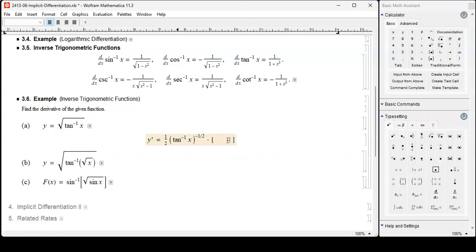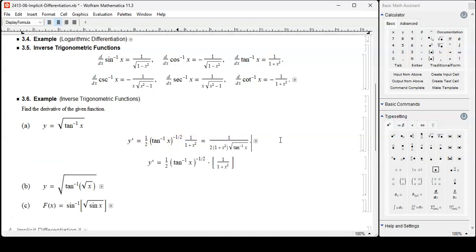Alright, and then here in the bracket, we have to multiply the derivative of the inside. What is the derivative of the inverse tangent function? It's right here, 1/(1 plus x squared). Well, that completes the problem. You can simplify if you want to, but if you choose not to, that's fine. Yeah, I did some simplification here.